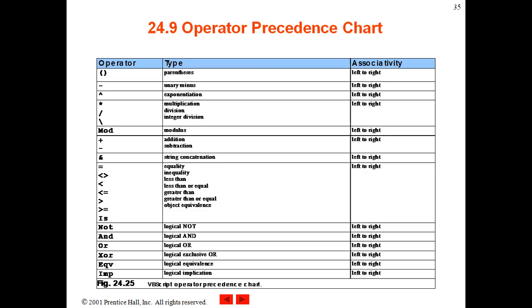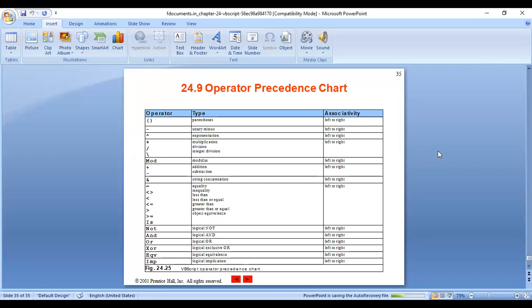So this is what we have, operator precedence. Some of the operators have the highest preference when they are used. The lowest is implication. The highest is parenthesis.